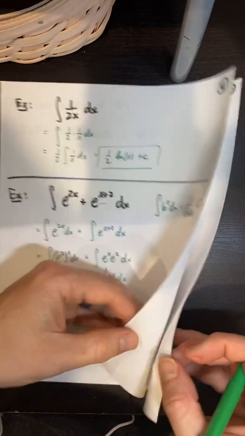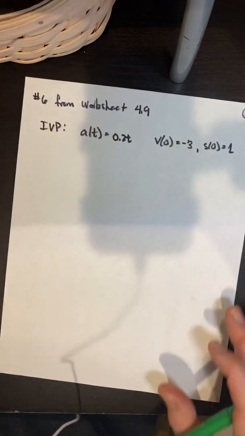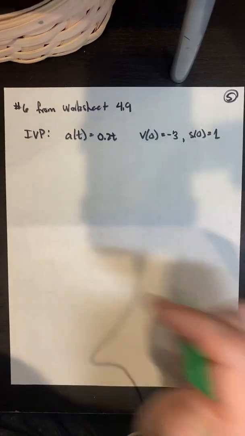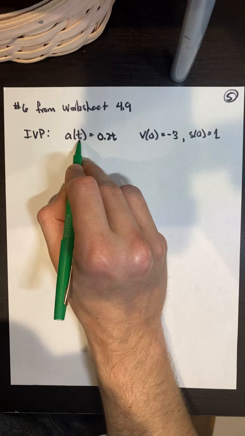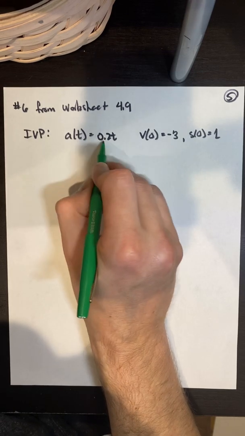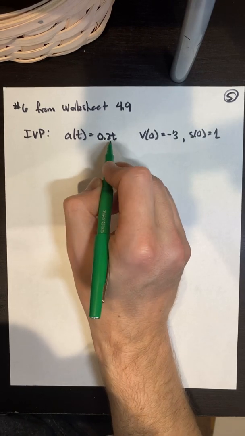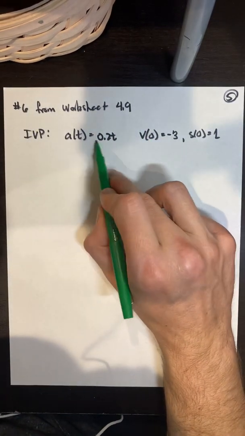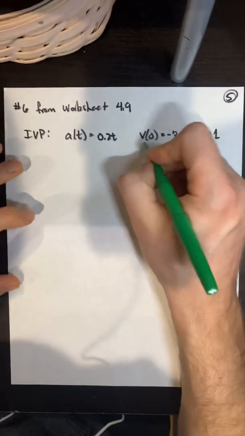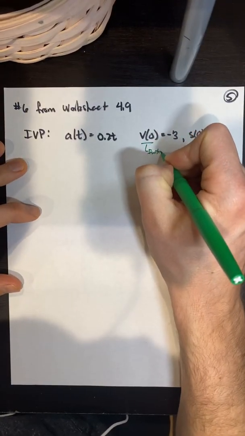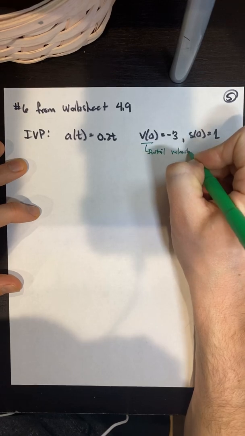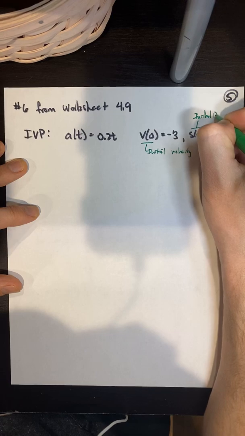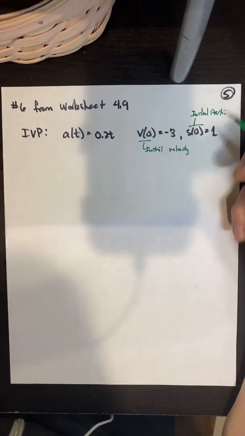Now, finally, where does antidifferentiation come into play? Well, this is number 6 from worksheet 4.9. It says, suppose an object is traveling in a straight line, and say its acceleration is a function of time, given by this function, 0.2 times t. So it's a linear function in t. This is an initial value problem because I have the acceleration function, but I also have what's called the initial velocity, and this is the initial position, or initial displacement.